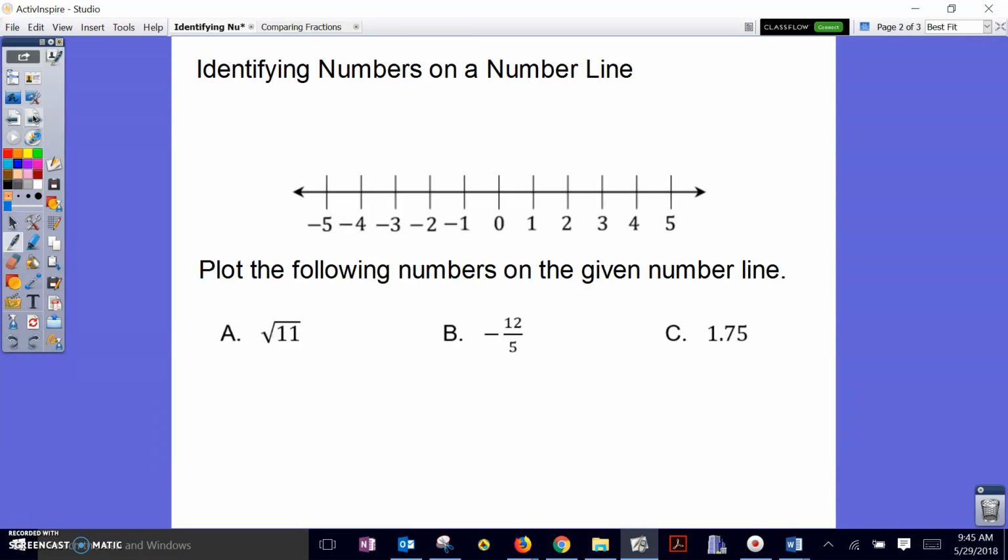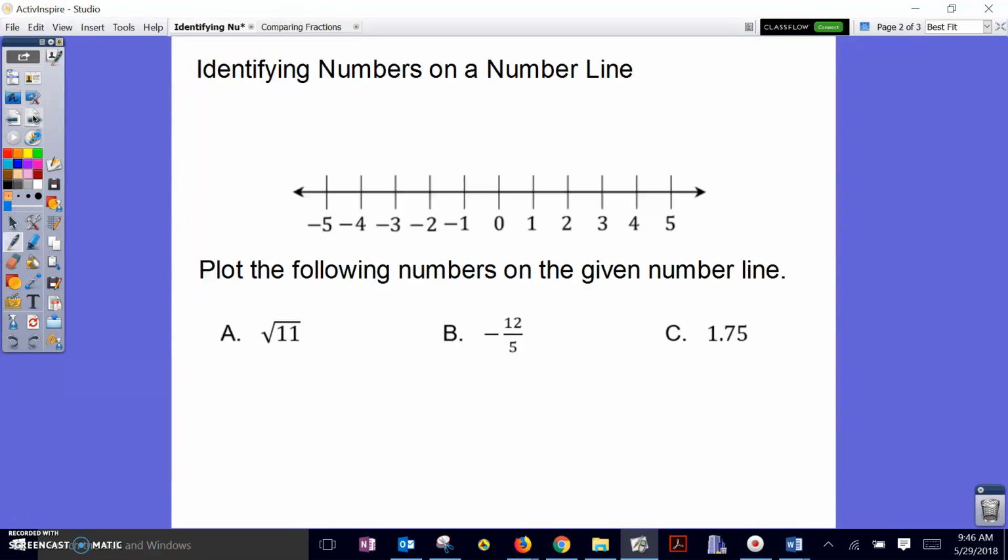For instance, I know that the square root of 9 is 3. And I know that the square root of 16 is 4. And so since 11 is in between 9 and 16, I know that the square root of 11 should be between the square root of 9 and the square root of 16. So it should be between 3 and 4.